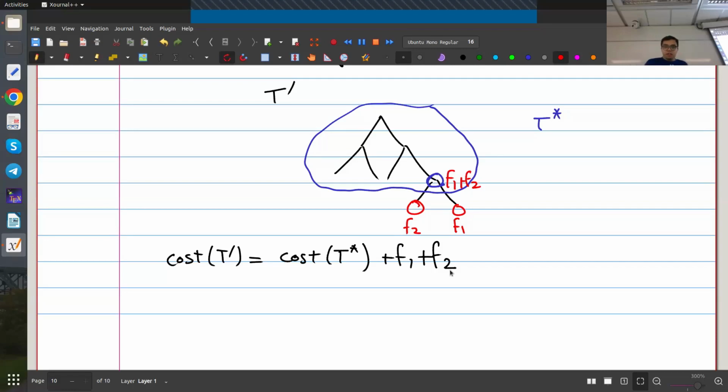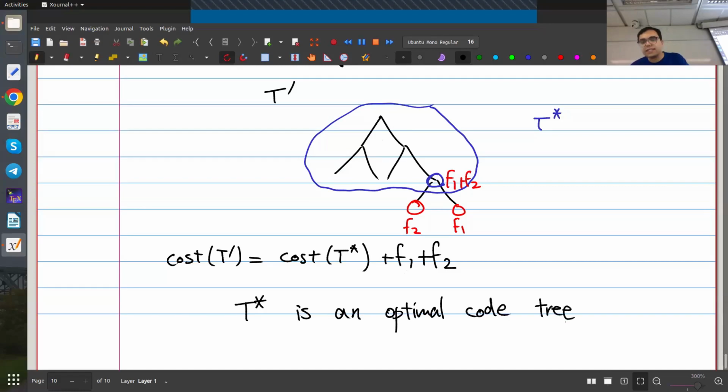Now, whatever this smaller tree is, it also has to be optimal, because your big tree is optimal and the cost of your big tree is just some fixed amount, F1 plus F2, plus the cost of the smaller tree. So this means that T star is an optimal code tree, but of course for which alphabet?